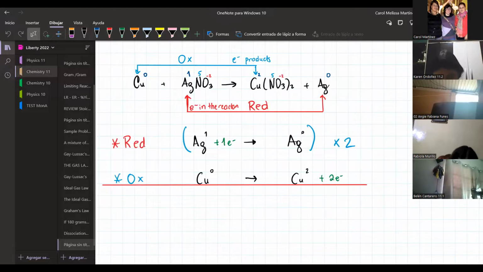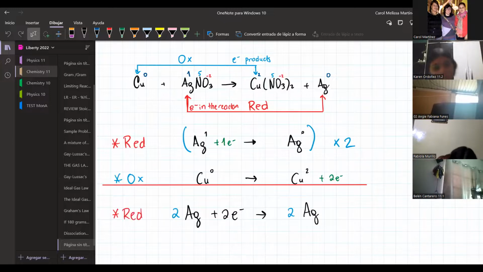So you will multiply each. You're going to have 2 silver plus 2 electrons, producing 2 silver. That is your reduction. Then in your oxidation, you're going to have the same formula: copper 0 producing copper 2 plus 2 electrons. You can get rid of the electrons directly.